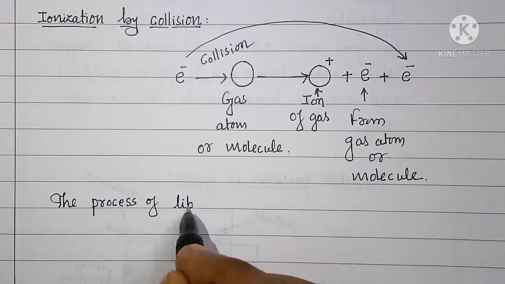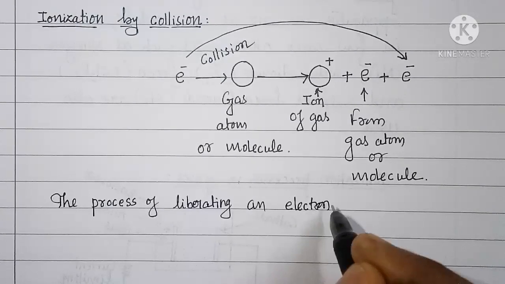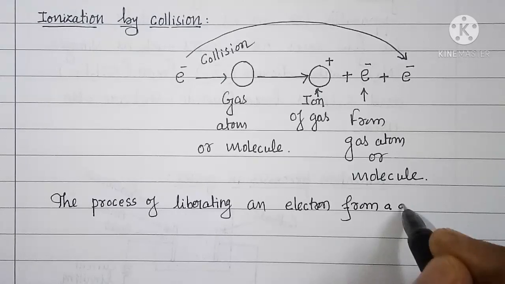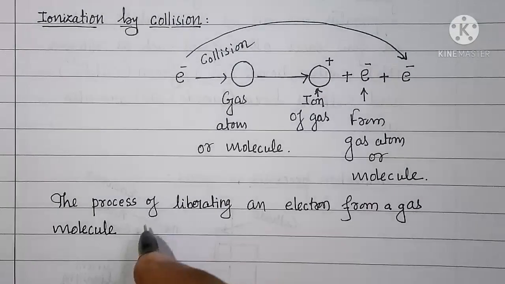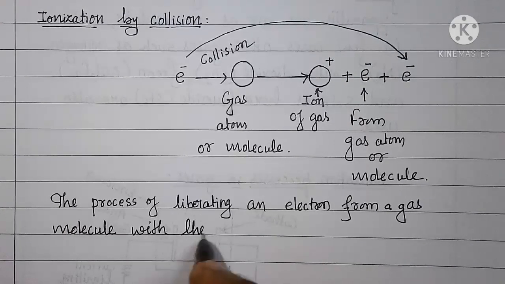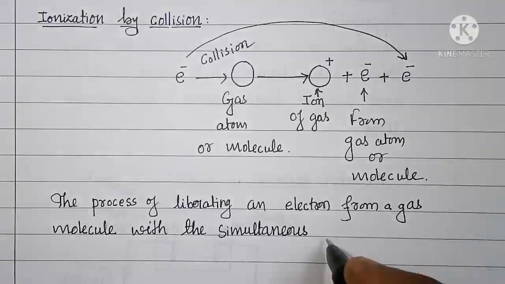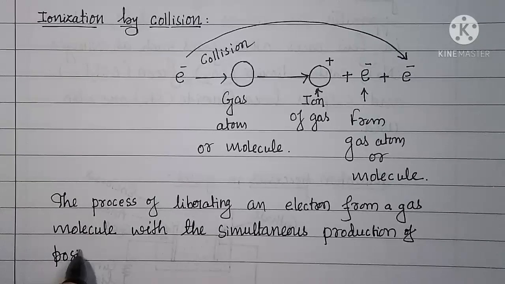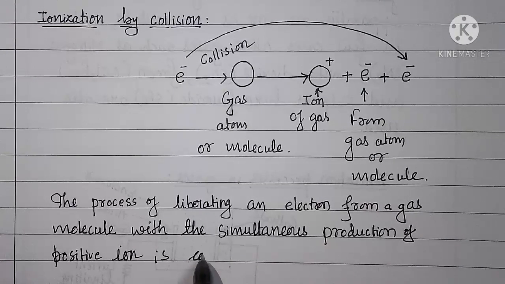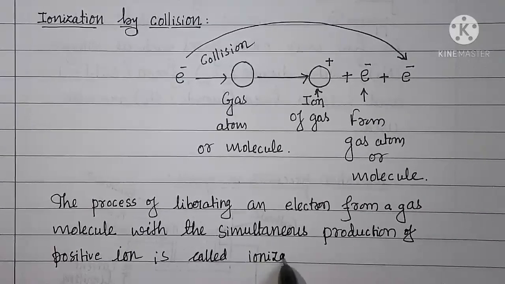The process of liberating an electron from a gas molecule with the simultaneous production of positive ion is called ionization.